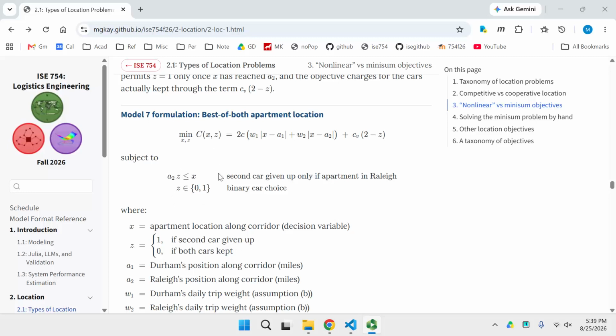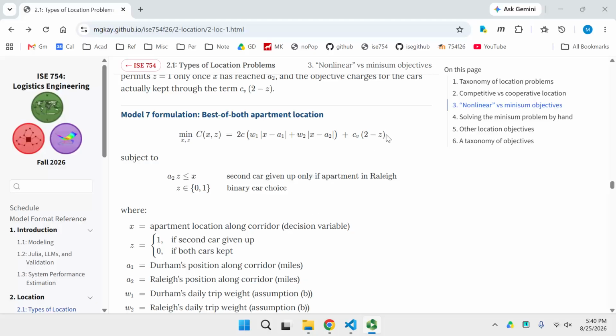And the way that works is that by z being 1, it basically forces x to equal 30. And then if z is 0, then x can go anywhere between 0 and 30. So by putting this constraint along with this binary variable, we can have the value of z then decide whether or not we have 1 or 2 cars.